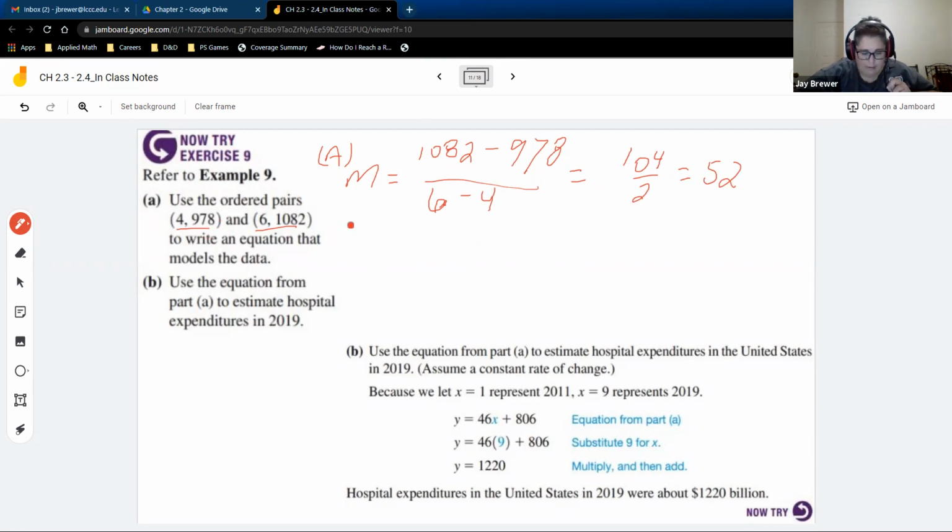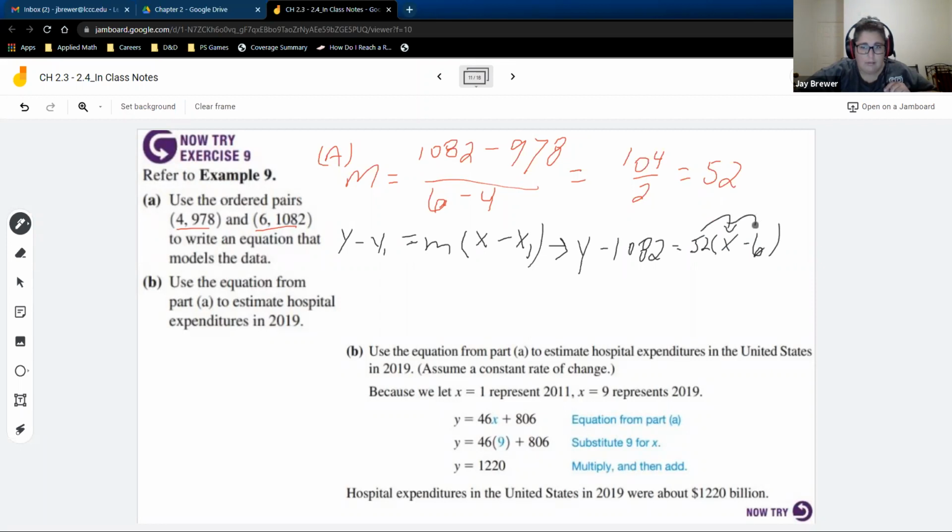We were not given the y-intercept, so now we have to use point-slope form. So y minus y1 equals slope times x minus x1. Let's try to squeeze it in here. Y minus, let's go with the bigger one, 1,082 equals 52 times x minus 6.